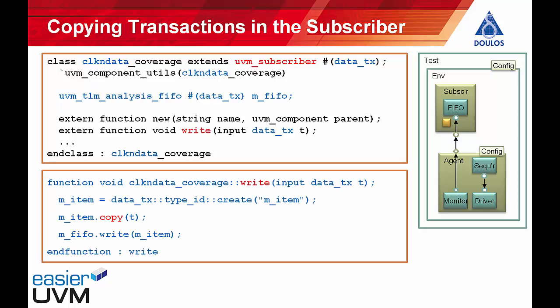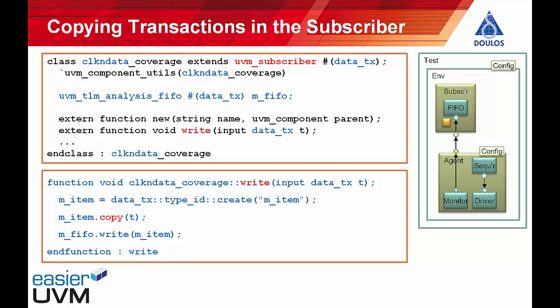Just like this. So here's the implementation of the write method in the subscriber. It receives the incoming transaction through the analysis port as its argument. And it's going to call the copy method to make a copy of that transaction. So the copy method is called for an existing transaction, and it takes a second transaction as an argument. And what copy does is to copy all the fields of its argument into the object whose copy method we're calling, the transaction that mitem refers to in this case.